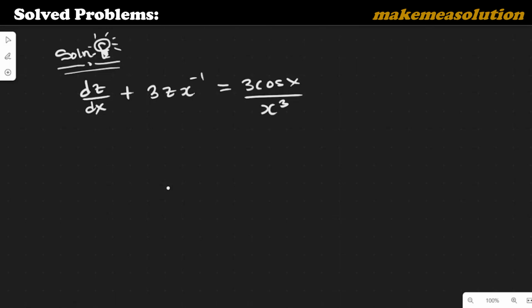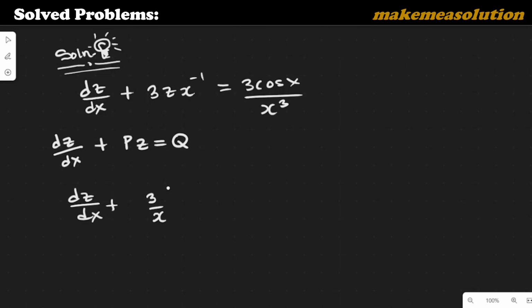So if you express it in the general form, dz/dx plus p z is equal to q. This is the general form for a linear differential equation. So we'll have dz/dx plus p is 3. Now x to the power of minus 1 is still the same thing as 1 over x.